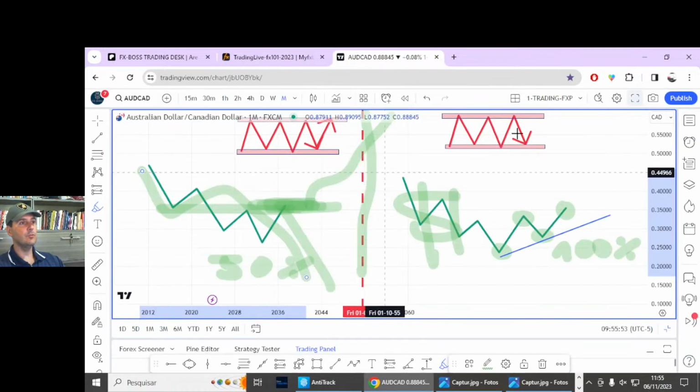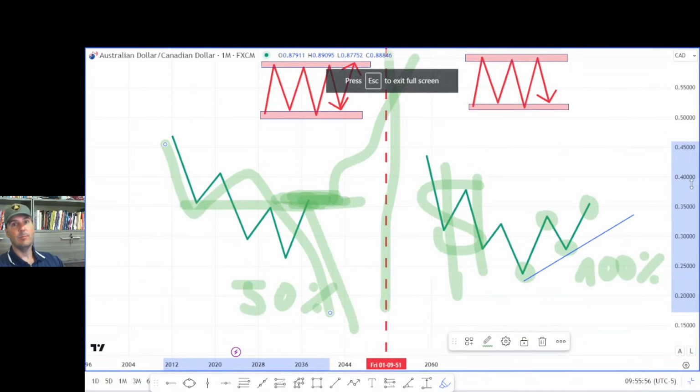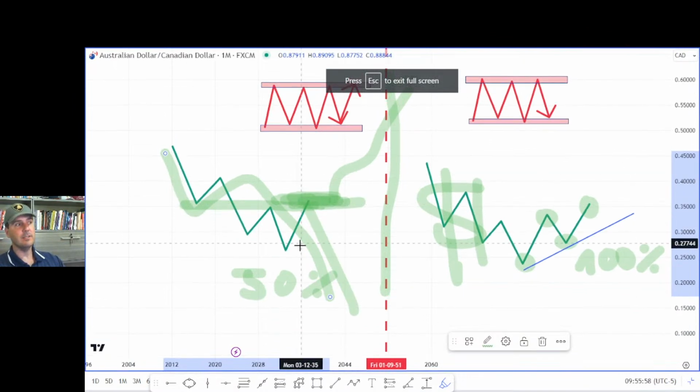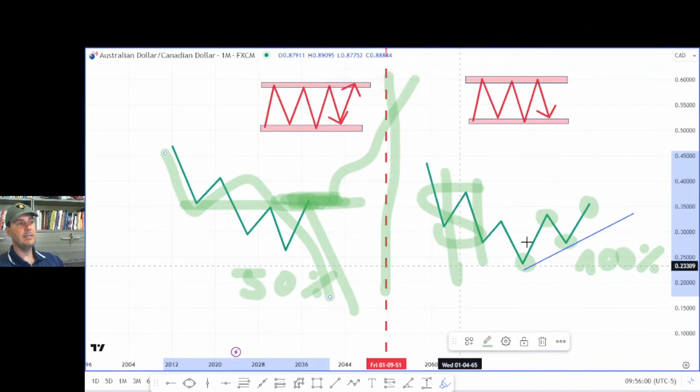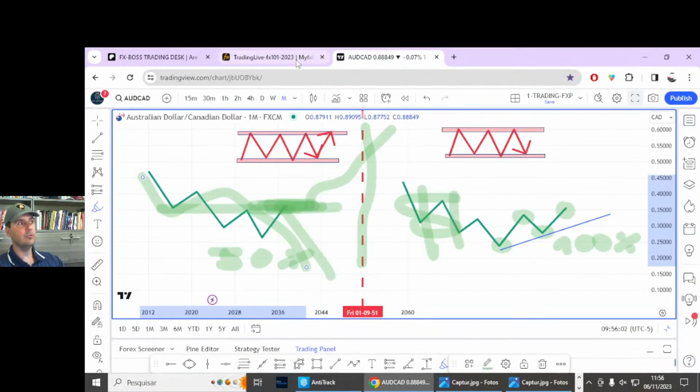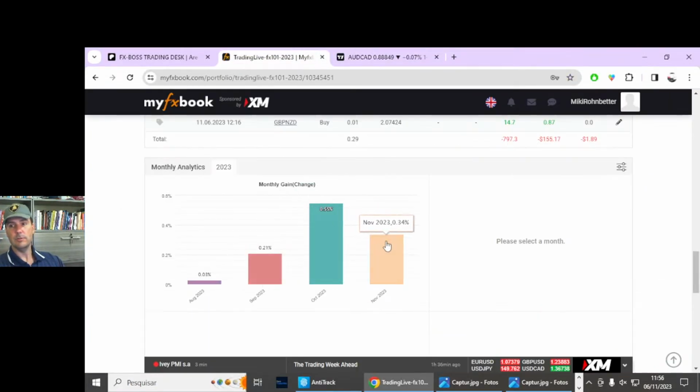If you are going to do the correct things most of the time, you don't need to be perfect, then probabilities are going to start to show to you. If you are going to start doing the right things that make sense, it's called pure logic, common sense, then this is going to start to appear.